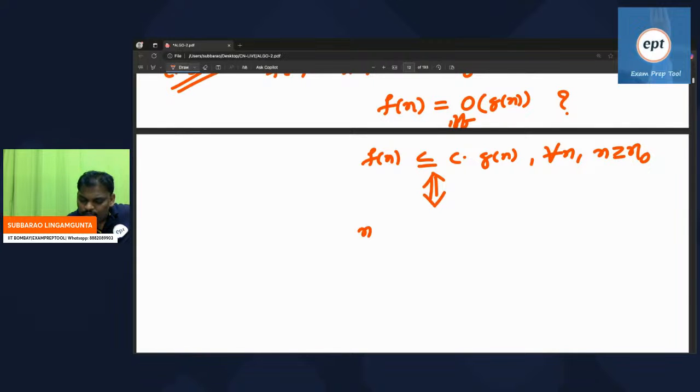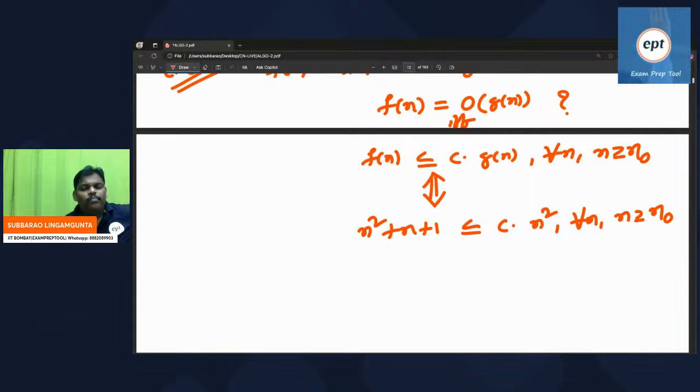f of n is n square plus n plus 1, less than or equal to some c times g of n, which is n square, for all n greater than or equal to n0. Big O notation is saying that comparing left and right, the right should be bigger.